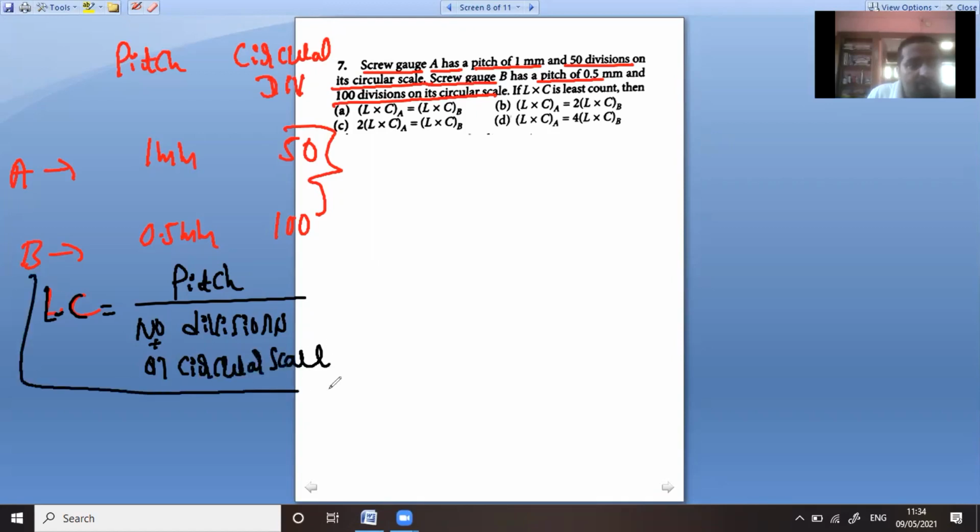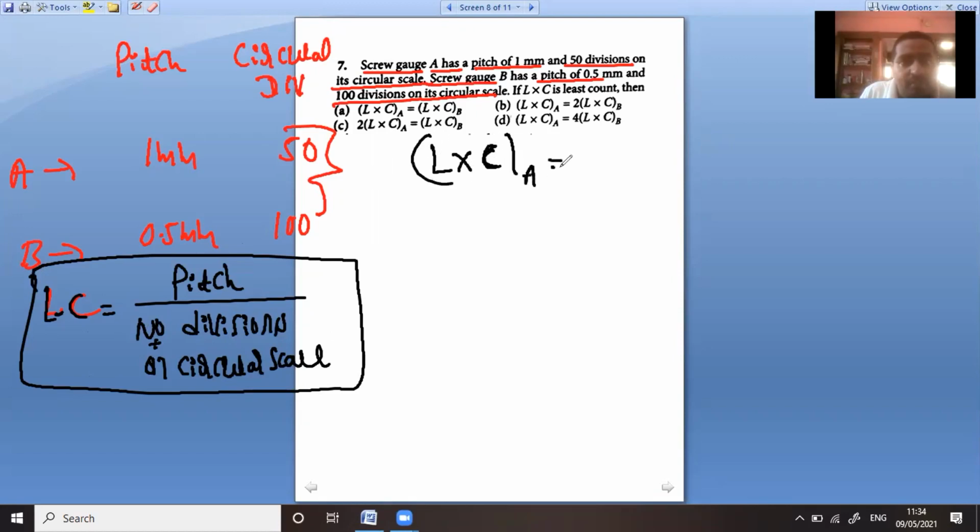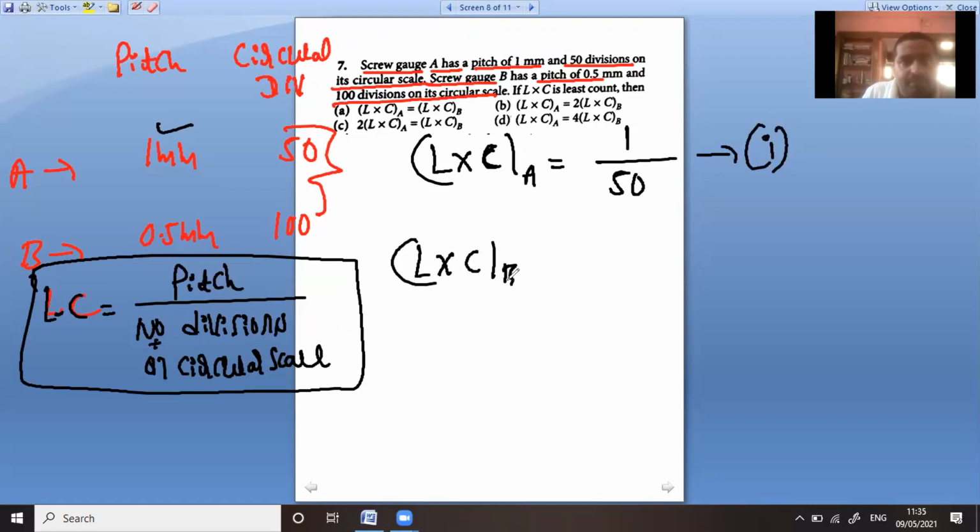So this is the formula for least count. First, the least count of screw gauge A is equal to the pitch, 1 mm, divided by the total number of divisions, 50. So this is equation 1. Then the least count of B is equal to the pitch, 0.5, divided by the total number of divisions, 100.